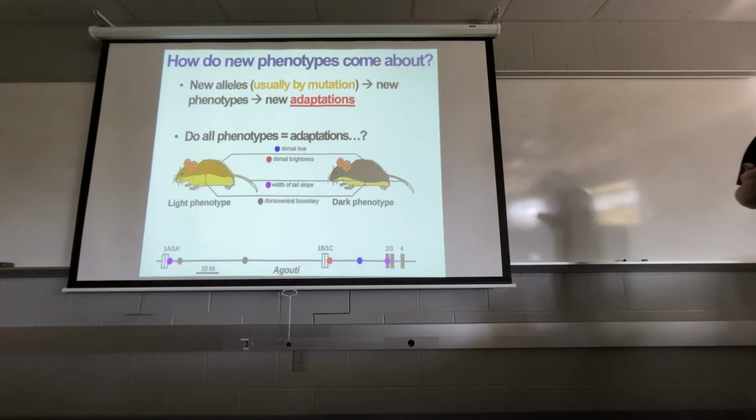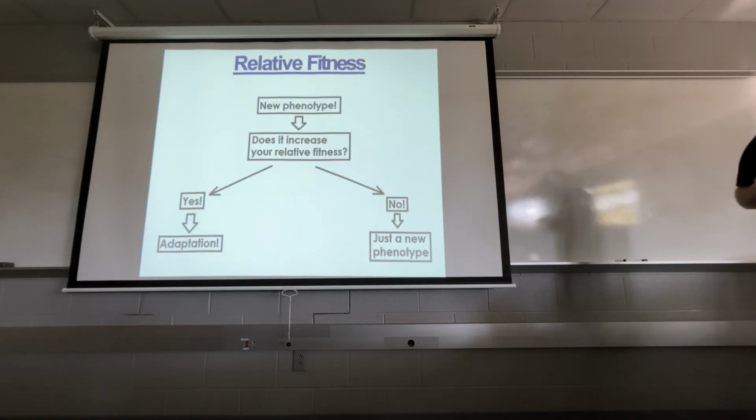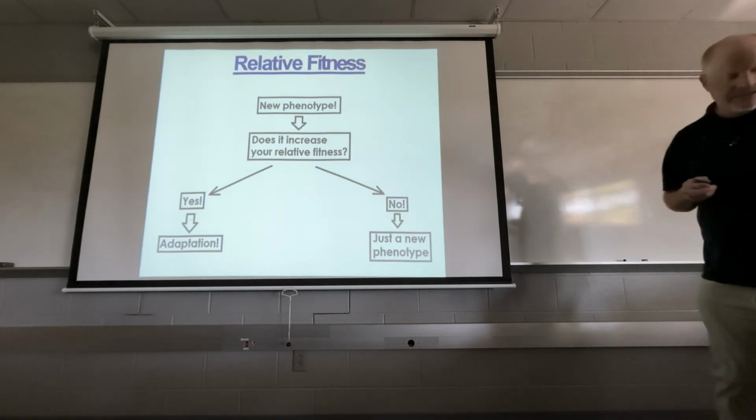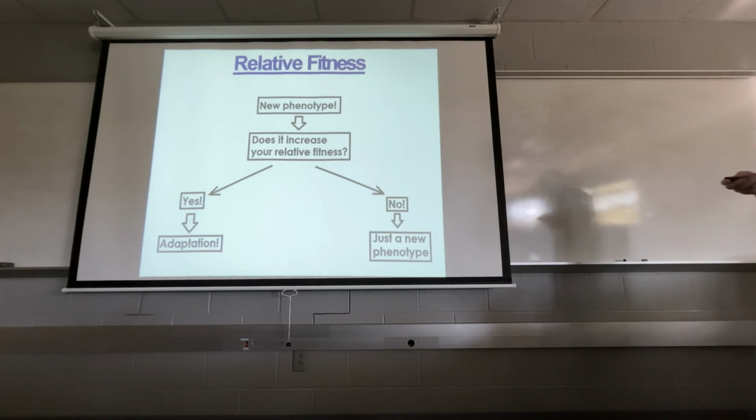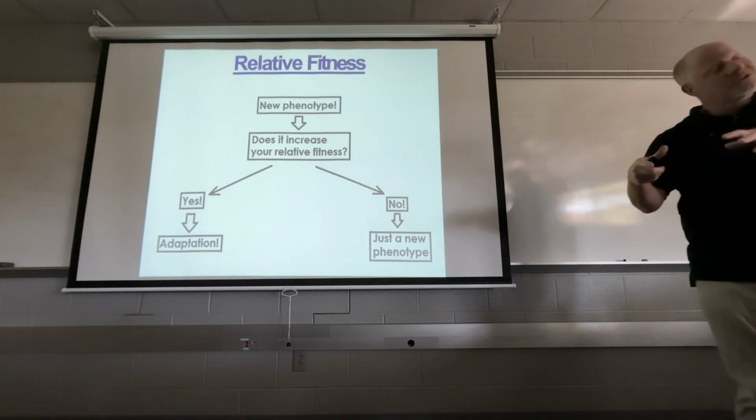Okay? So how do we measure that? We call it fitness, or more precisely, relative fitness. Relative fitness simply means that if a new phenotype arises, the big question is, does it increase your relative fitness? And what is relative fitness? By definition, relative fitness is how many of your offspring survive in the next generation. First, you have to produce them. And then, do those offspring survive?